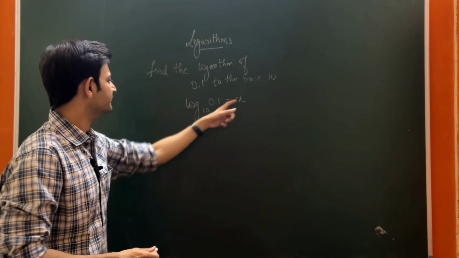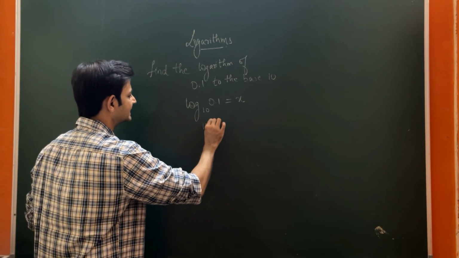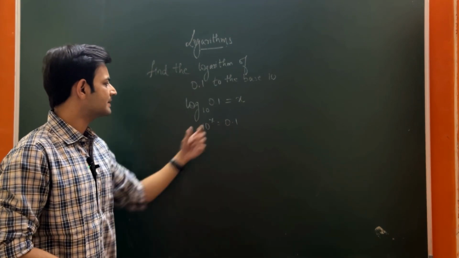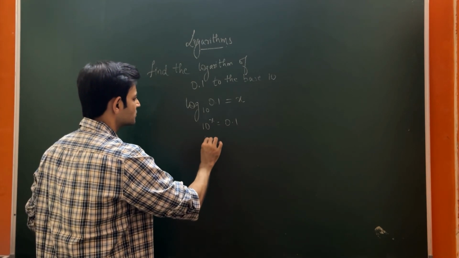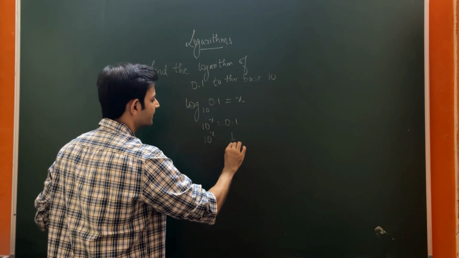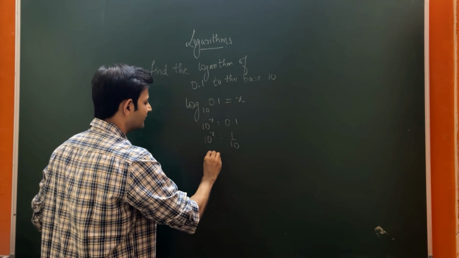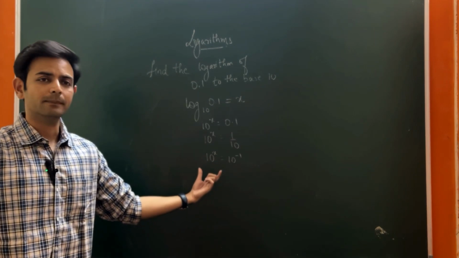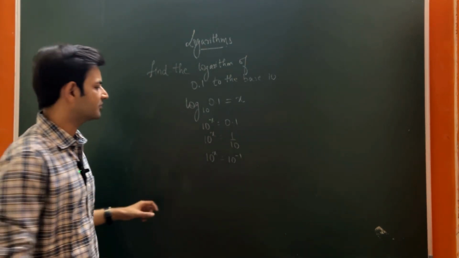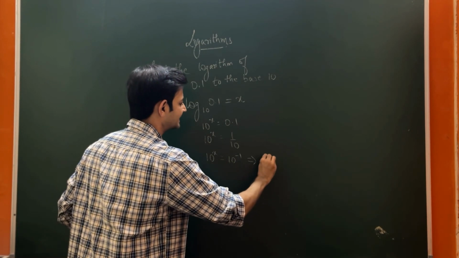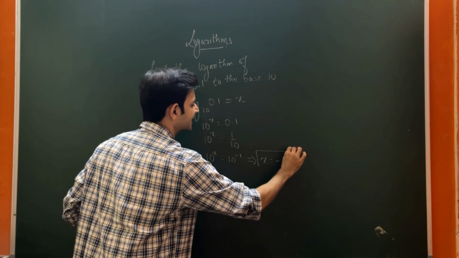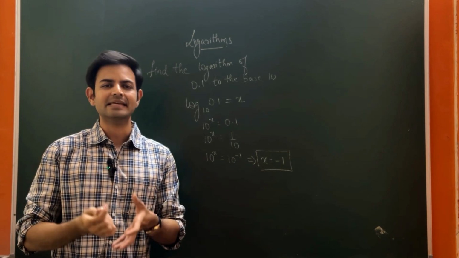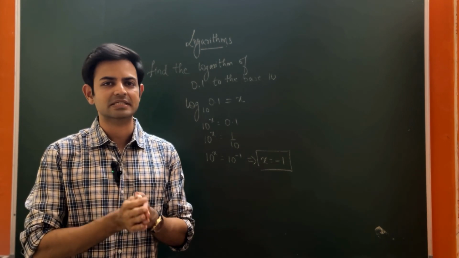So, it will become 10 to the power x is equal to 0.1. We will just simplify this 0.1. So, 10 power x is equal to 1 upon 10. 10 power x is equal to 10 to the power minus 1. So, now that the bases are same, we can compare the powers. This implies x is equal to minus 1. So this is a very simple question. This is a very basic question, but very important to understand this concept.